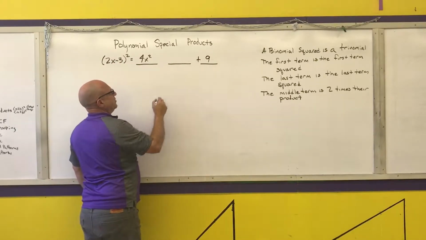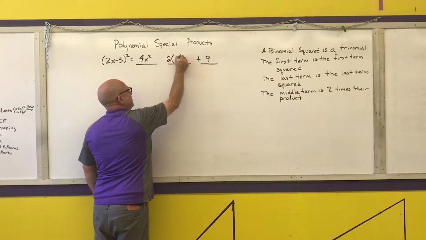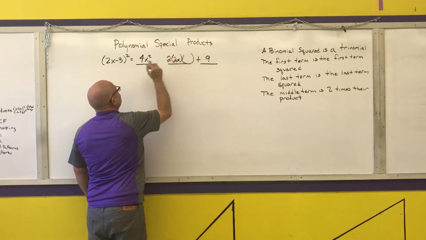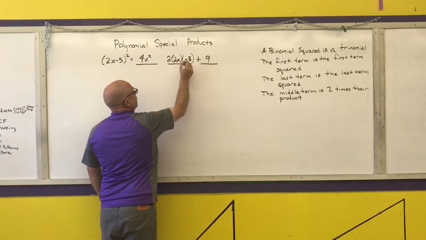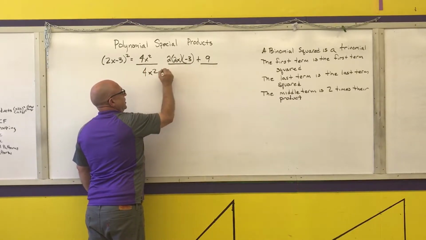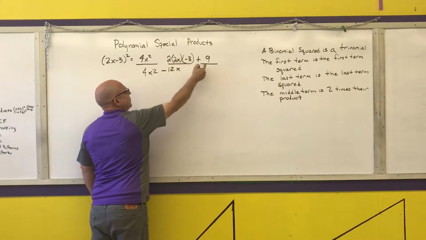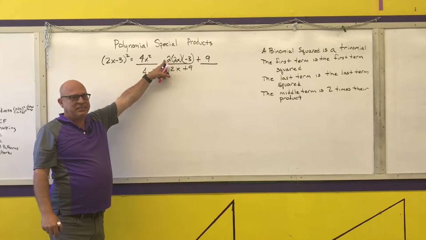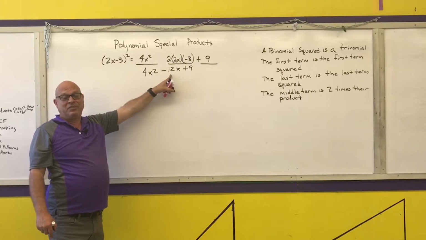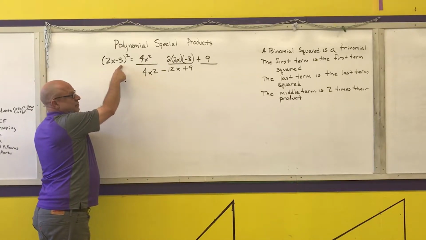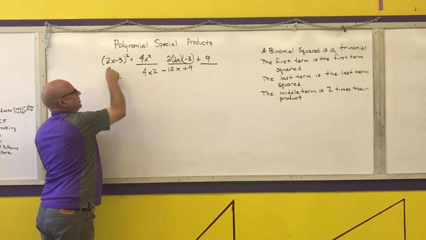The middle term is 2 times the product, 2 times 2x times negative 3. 2 times 2 is 4, times negative 3 is negative 12, x plus 9. You do not need to show this intermediate step as long as you can come up with the correct answer by doing it all in your head. And the way I do it is I go, this number times this number is negative 6, times 2 is negative 12 with the x there.